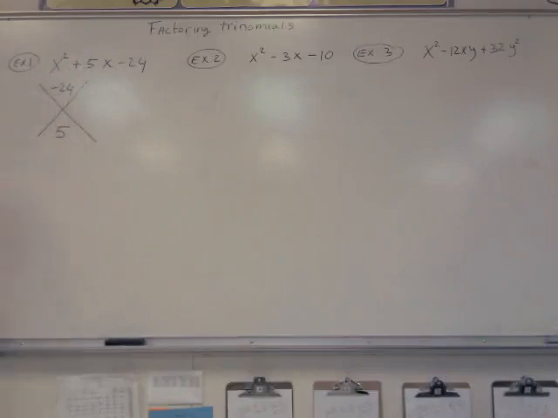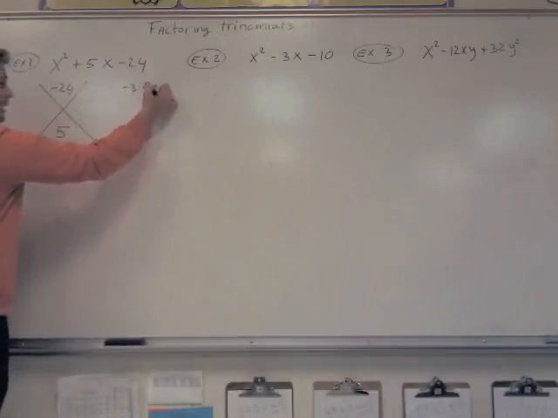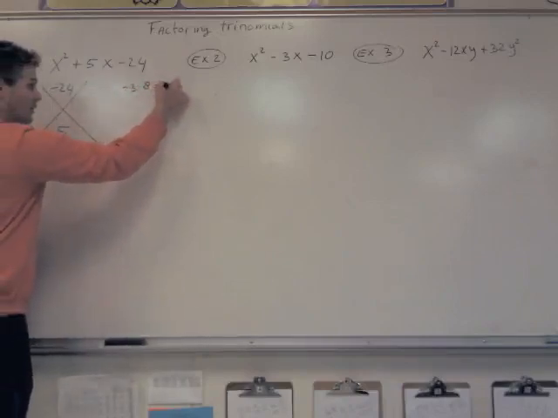So now we need to find the two factors that when I multiply them give me a product of negative 24, and when I add them together give me a sum of 5. So let's try to find those. We did this in a previous video, and we found that those two numbers are negative 3 times 8, which gives me a product of negative 24.